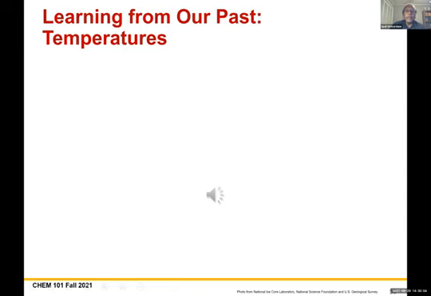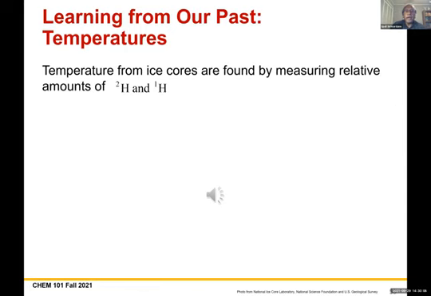Now, if you look at ice core data, from the water we can also tell global temperatures. Water has two isotopes, deuterium and hydrogen.